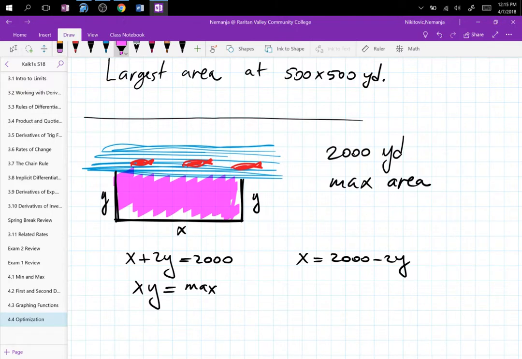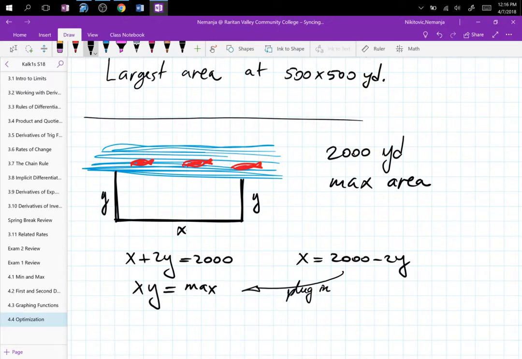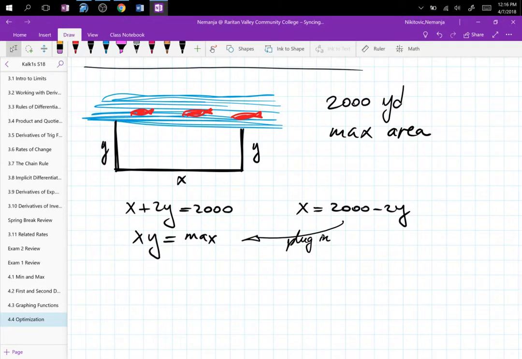That doesn't matter for the area. Area still remains x times y, even though there is no top line over there to worry about. Plug in. Very systematic, guys. You look at the picture, come up with equations, plug one into another, and be done.